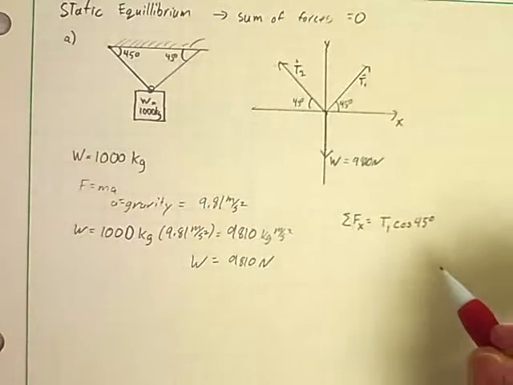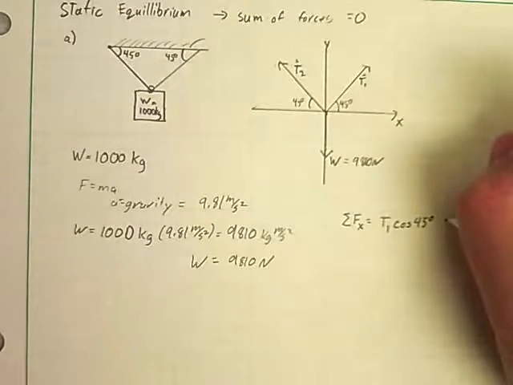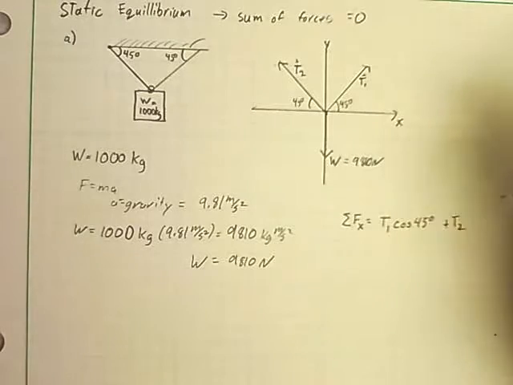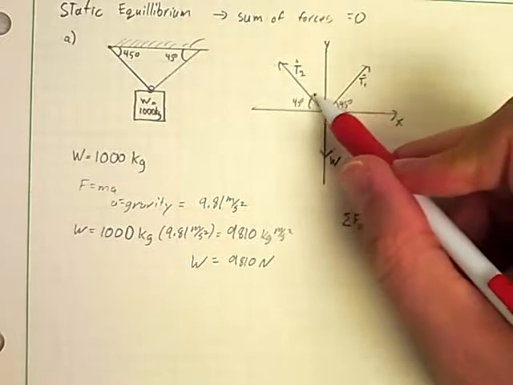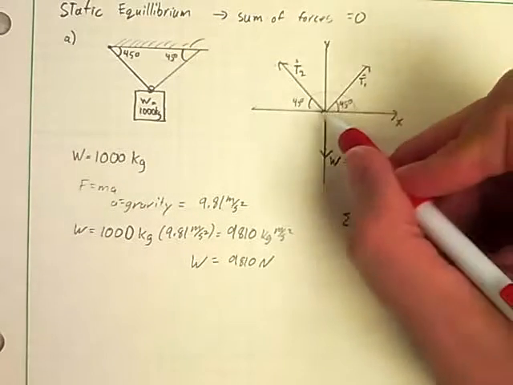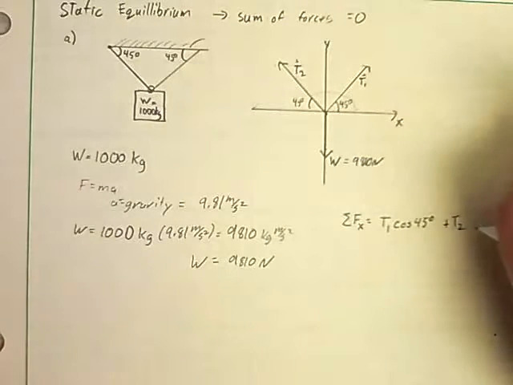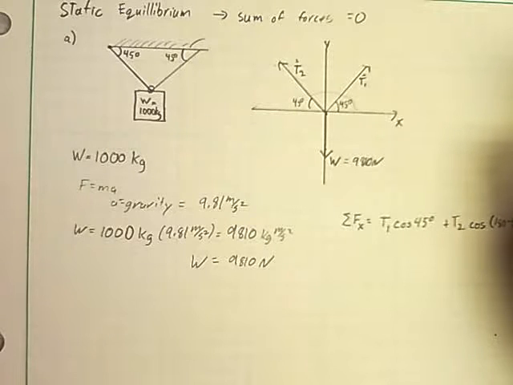For T2, there are a couple different ways to look at that. One is that we could look at this entire angle here, which would be 180 minus the 45 degrees, so that would be 135 degrees.